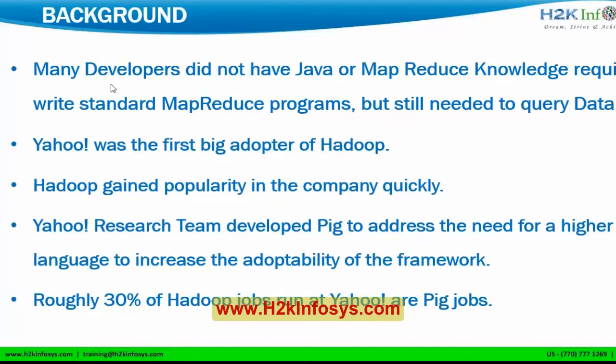At Yahoo, most of them were running around 30% of their jobs on Pig itself. I don't say this is the only processing system available in Hadoop, but it is also one of the good processing systems available for big data. It's not a complete replacement for MapReduce, but the development approach is different when compared to MapReduce.